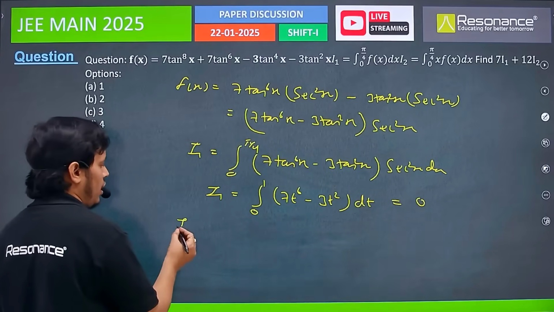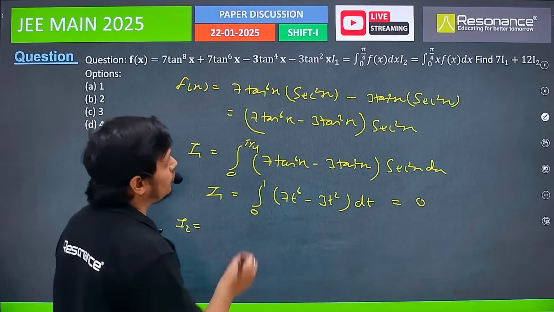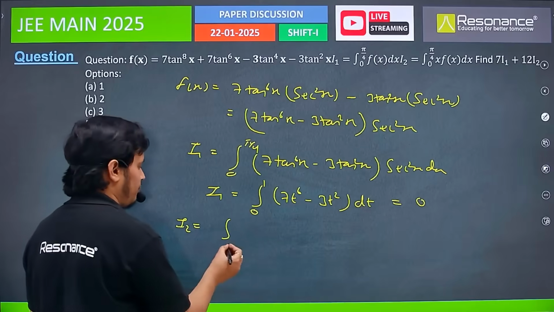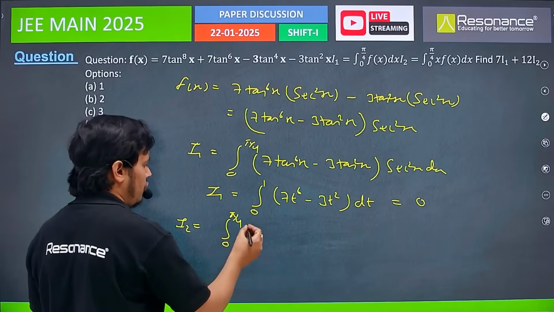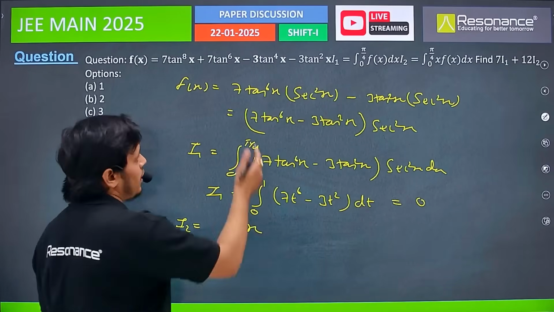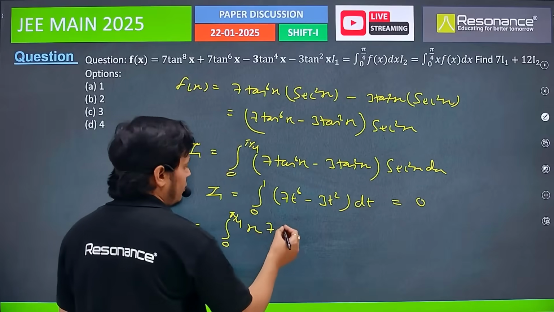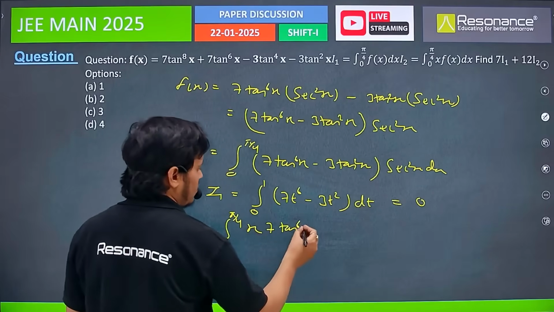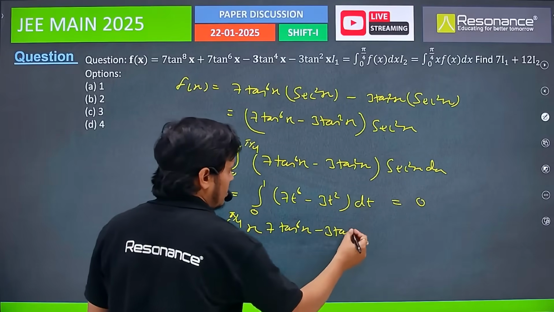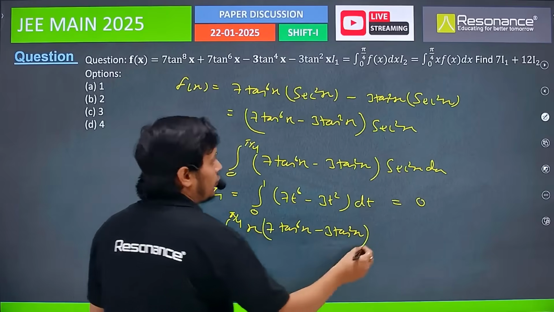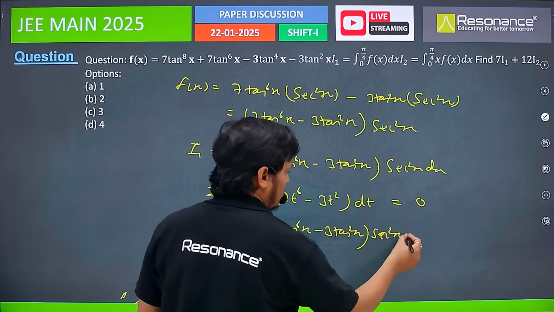Now what we need to find? I2 also. I2 equal to this one, 0 to π/4 of x into f(x). f(x) is the same, (7 tan⁶x - 3 tan²x) sec²x.